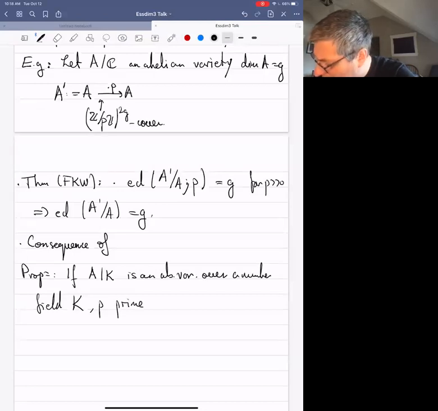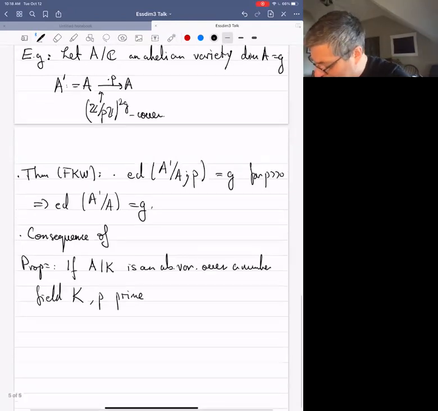So you see here you have P sufficiently large, but actually this can be made a little bit more effective. And to make it more effective, the easiest way is to explain what it says in the case of a number field.